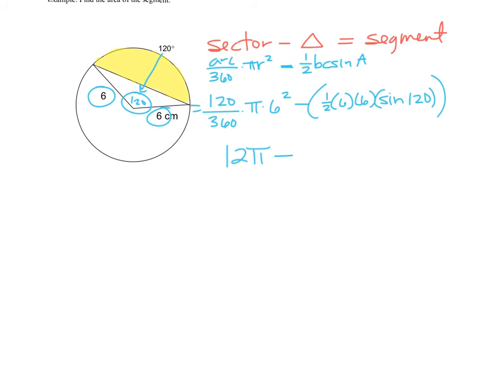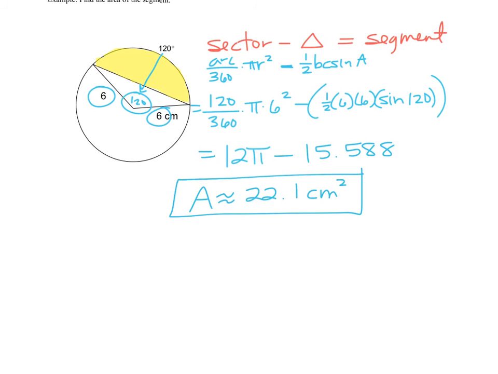So this is going to be 1/2 times 6 times 6 times sine 120 comes out to 15.588. And then just plug that into your calculator. You get the area of this segment is about 22.1 square centimeters.